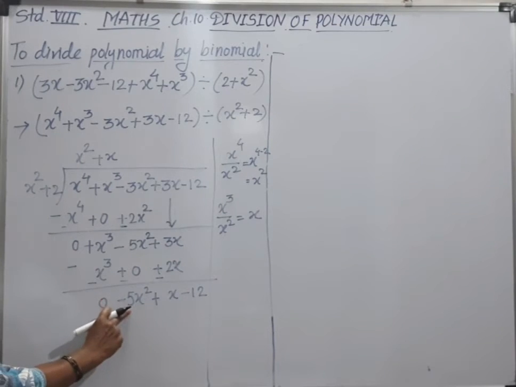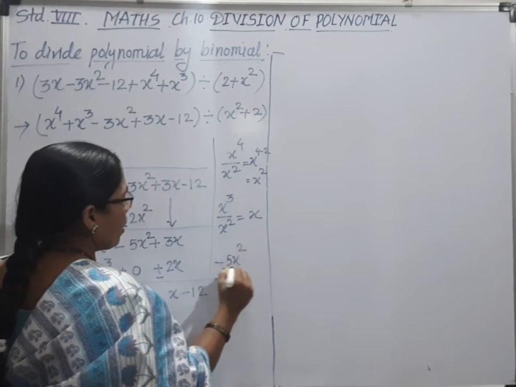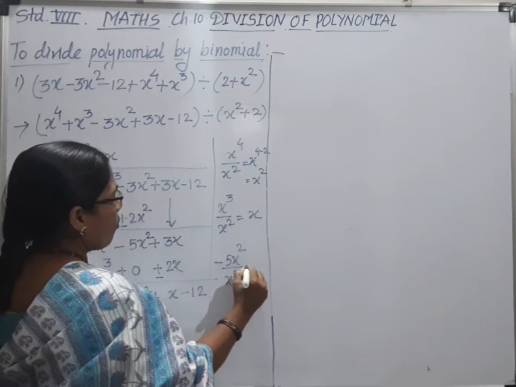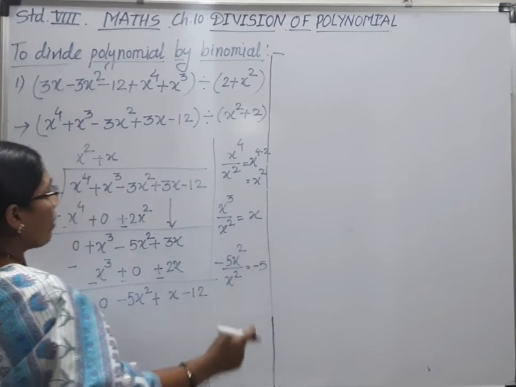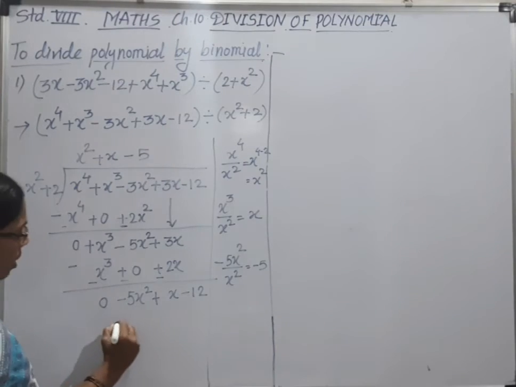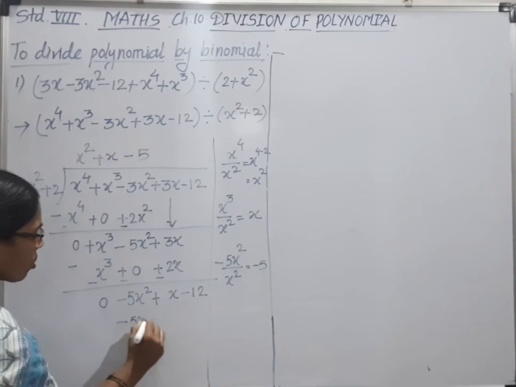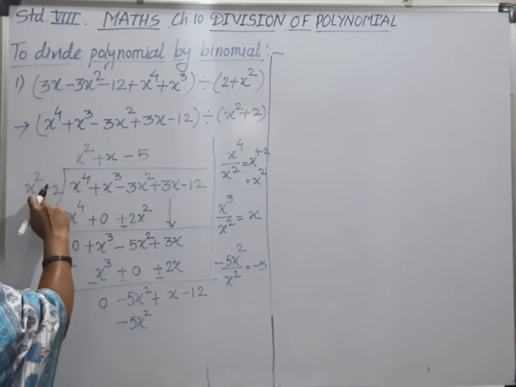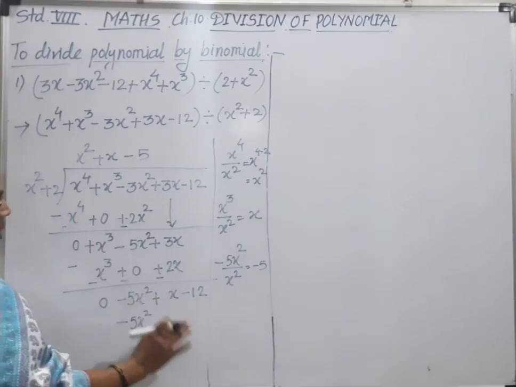Then first again minus 5x square divided by the first term, that is x square only, which is equal to minus 5. This x square will cancel. So here we will get minus 5. And here again minus 5 into x square, minus 5x square. Minus 5 into plus 2, that is plus into minus, minus, and only 5 to the 10, means only constant is there.